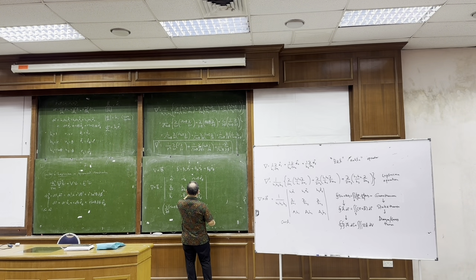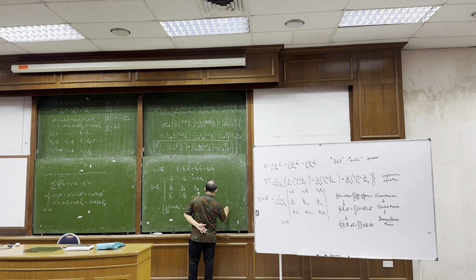So take this one, operate upon this: d phi operates upon B_r, minus d_r operating upon r sine theta B_phi. Cool.